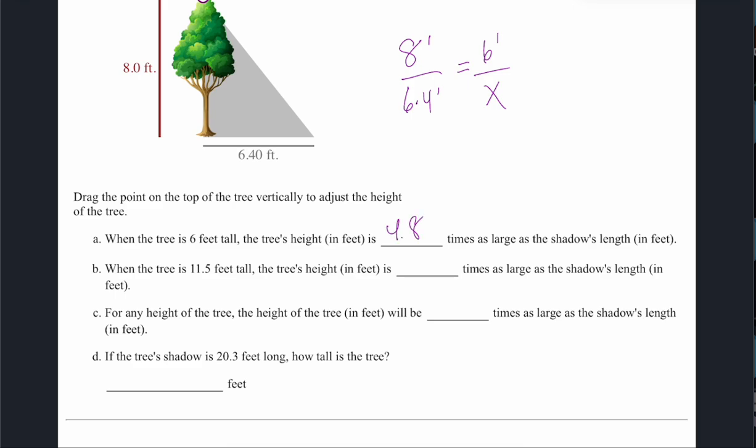And then if we stretch the tree to 11.5, we would use that same proportion, except now use 11.5. And this time I got 9.2. So if we want to know for any height of the tree, let's make a little equation.